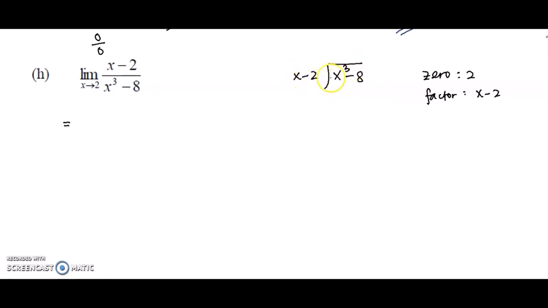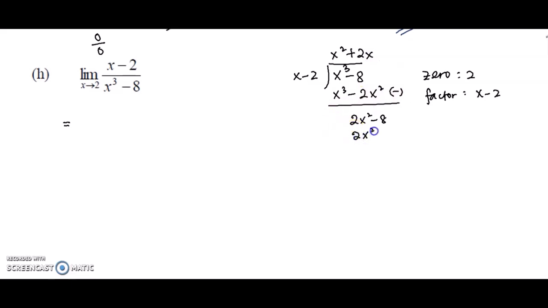Alright, so x cubed divided by x, I got x squared. So x squared multiplied by x minus 2, I got x cubed minus 2x squared. Then minus. x cubed minus x cubed, you got 0. Then negative 8 minus negative 2x squared, you got positive 2x squared minus 8. Then again, 2x squared divided by x, I got positive 2x.